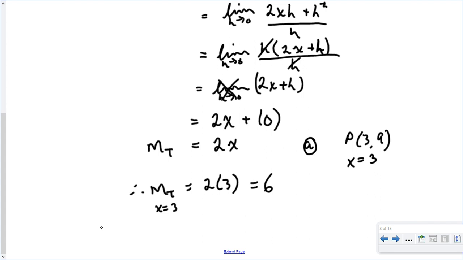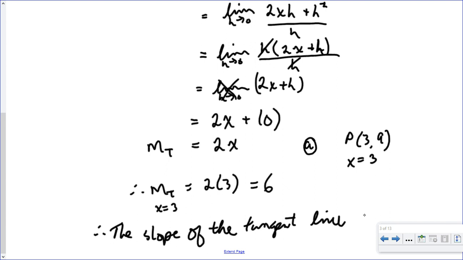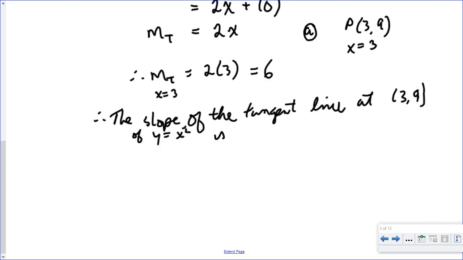And I might want to put a sentence here: the slope of the tangent line at x equals 3 of the function is 6.